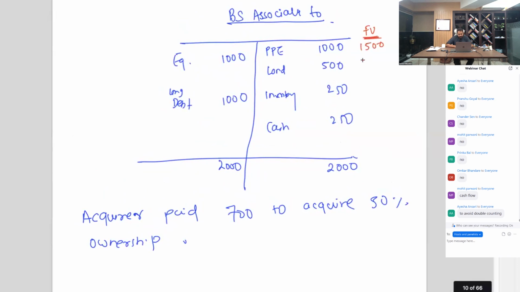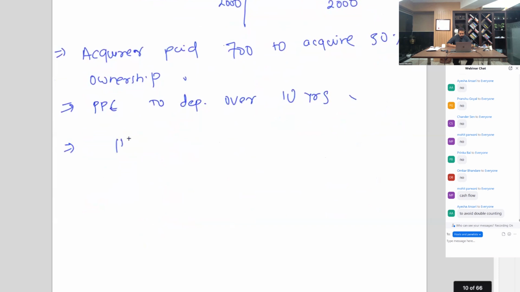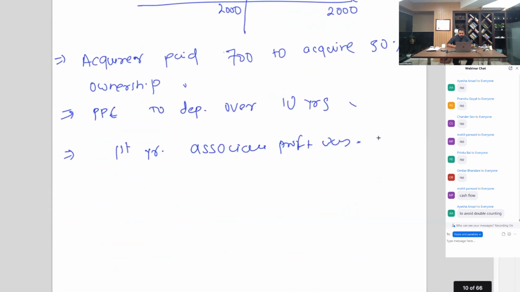Land, fair value is 900, and obviously inventory and cash, we'll just keep them the same. Okay. Acquirer paid 700 to acquire 30% ownership. PP&E is to be depreciated over 10 years. The first year, associate profit was 800.